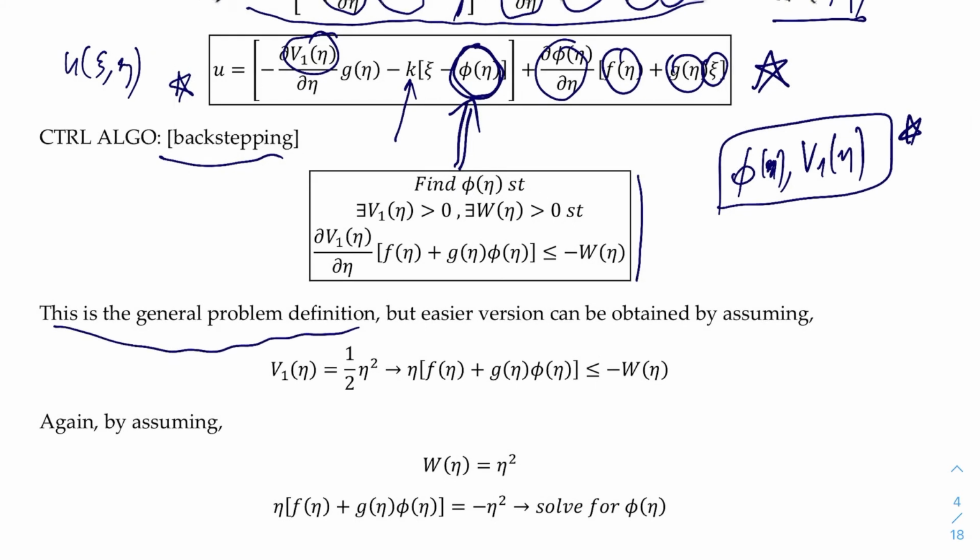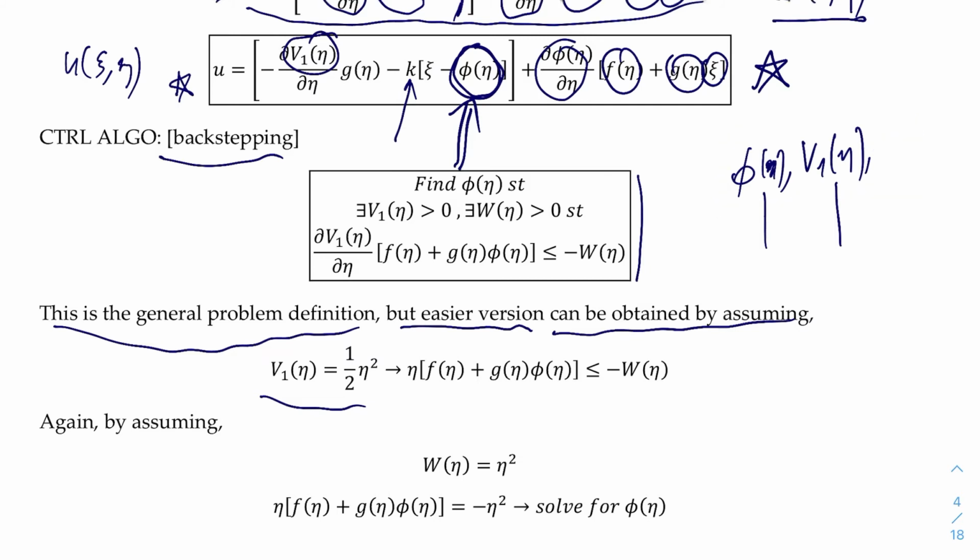This is the general problem definition, but an easier version can be obtained by just assuming this. Here you need to find these two expressions, and by the way, there is also a hidden w of eta variable that we need to find.